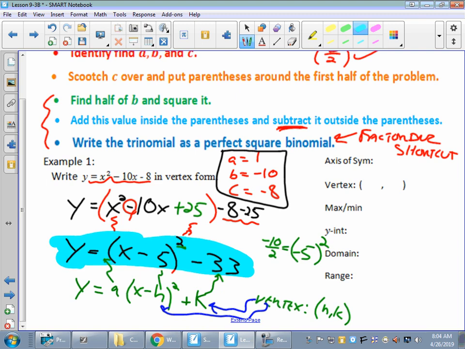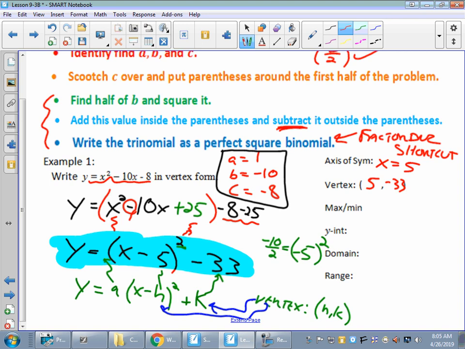When I look at that, what's my h value? What's my k value? Remember, we have to forget about the minus sign. So my h value is 5. My k value is negative 33. So that would be our vertex. Remember, for the axis of symmetry, it's x equals h, so x equals 5 would be my axis of symmetry.